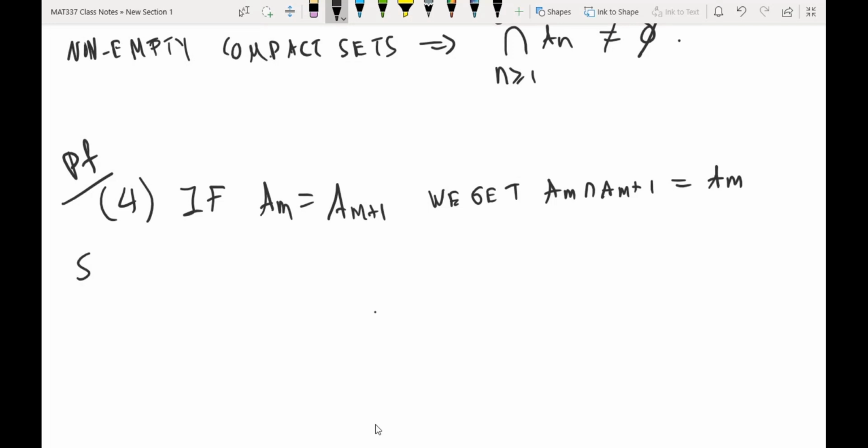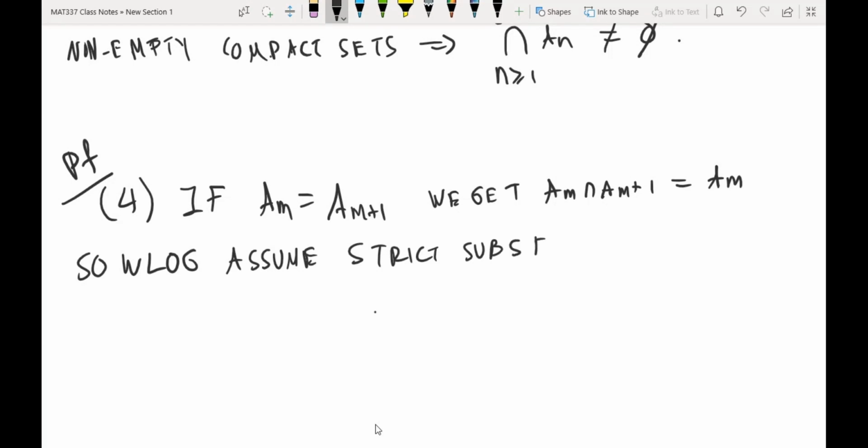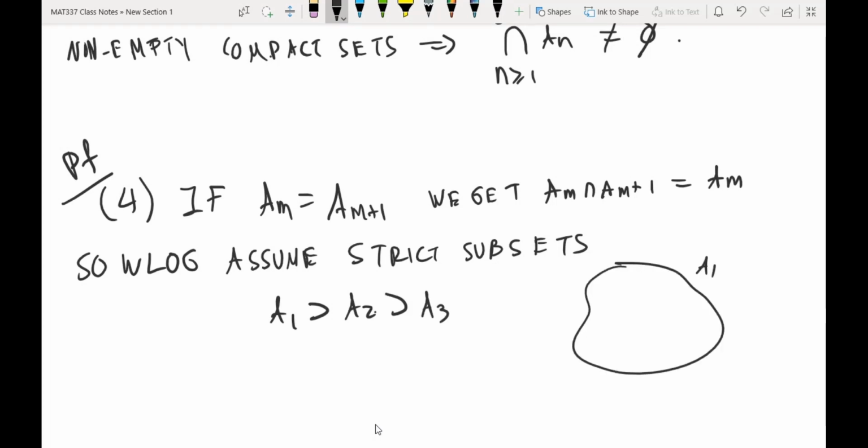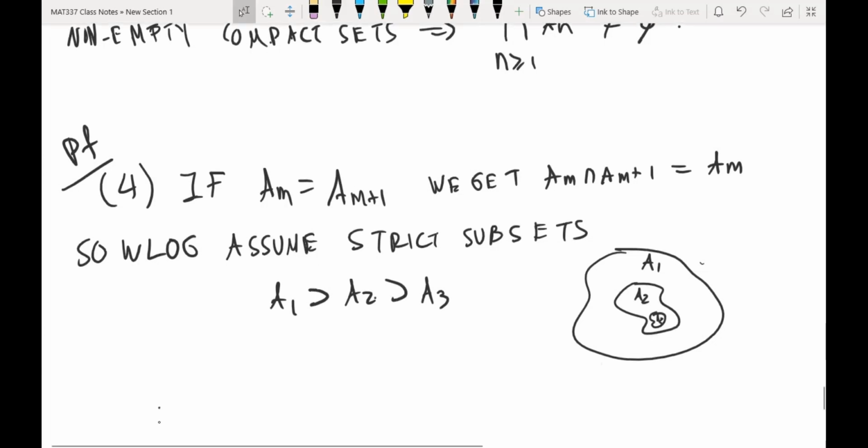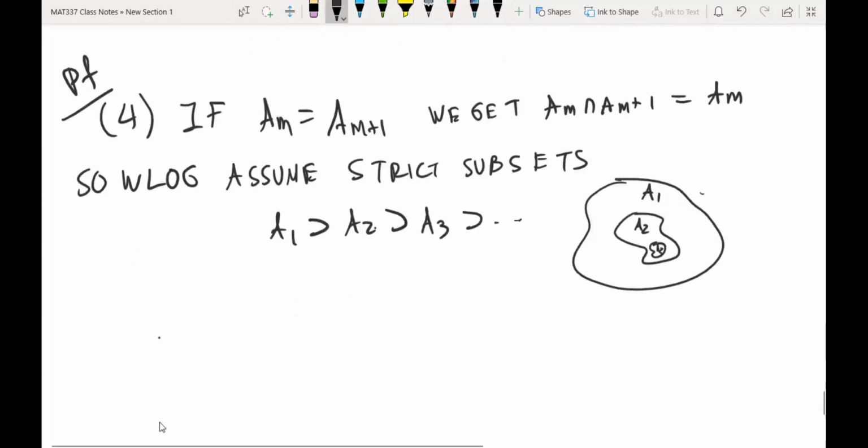So without loss of generality, assume strict subsets. A1 strictly contains A2, strictly contains A3, and so on.